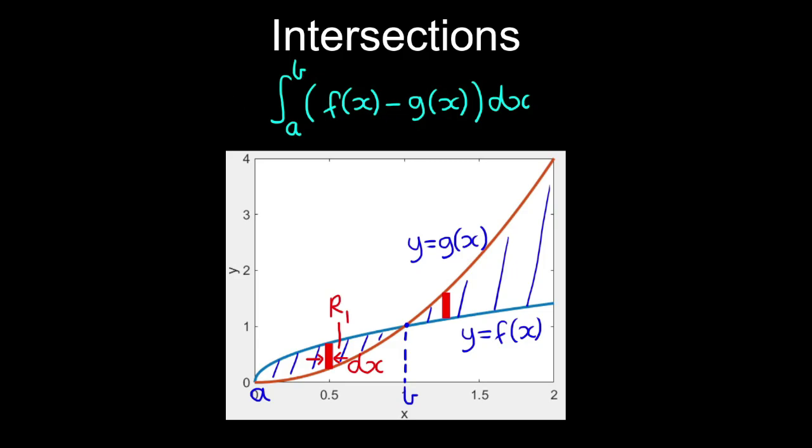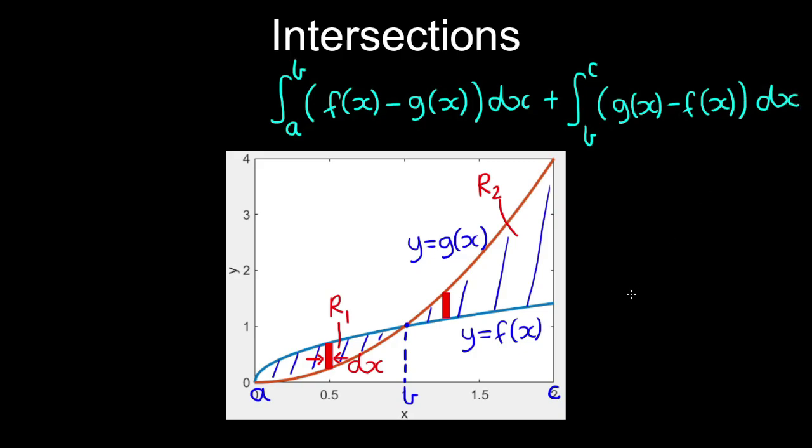And similarly for that second region, we integrate from b to c, but this time the height of each rectangle is g of x minus f of x, to give us a positive height for that rectangle, which we integrate with respect to x. And that gives us the area of the second region. And sometimes you have to use some algebra to find the coordinates of that intersection point.